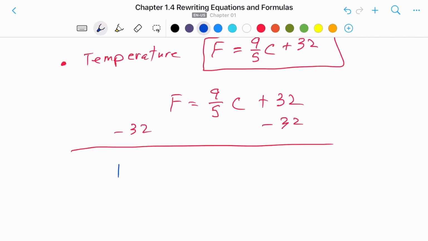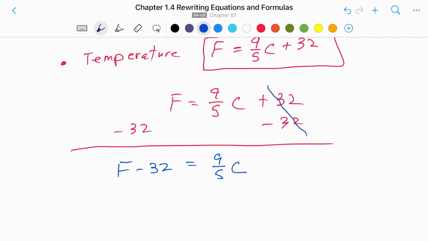This becomes F minus 32 equals 9/5 times Celsius. The 32 minus 32 is gone. The next thing you want to do is multiply this entire formula by the reciprocal of 9/5, so you multiply the whole thing by 5/9.